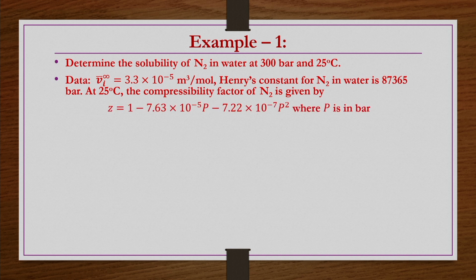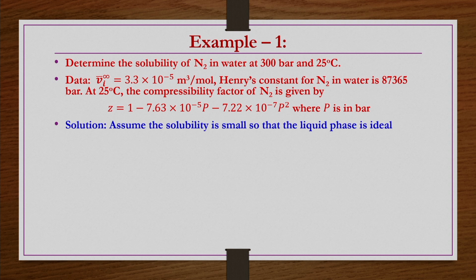Okay. So, the compressibility factor for N2 is given by Z equals this expression as a function of P. Fine. Now assume the solubility is small, so that the liquid phase is ideal. It is not given, but you can assume ideal behavior. Actually, the liquid phase can have non-ideality when a foreign element is mixed with the pure liquid, then only whatever the possible non-ideality is will come into the picture.